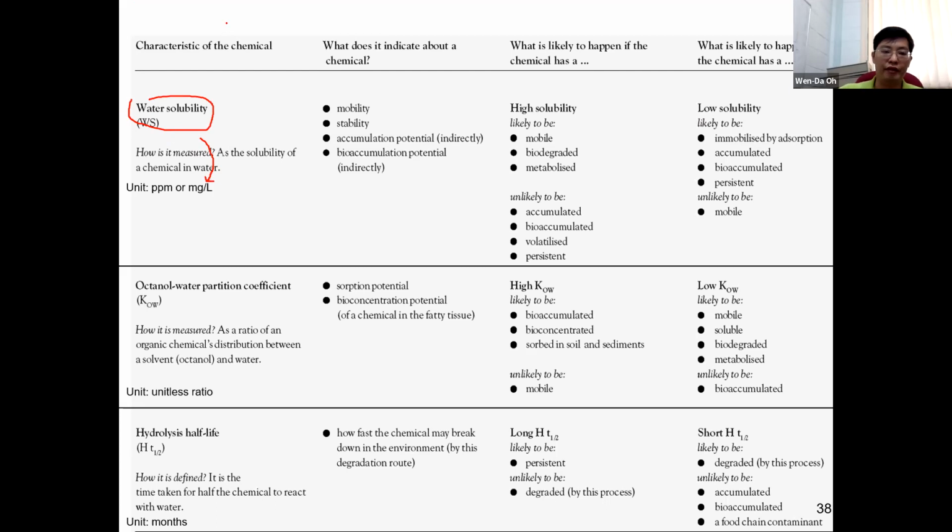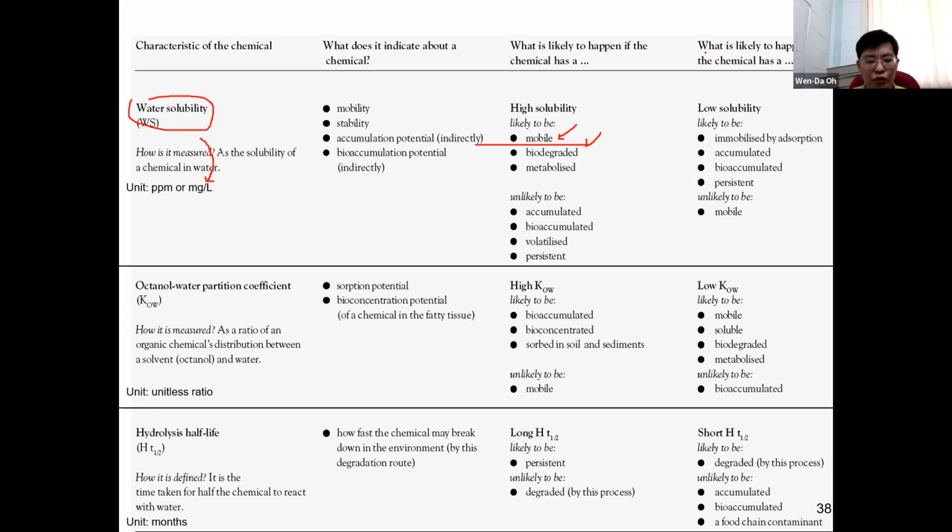And if you have a pollutant with high water solubility, it means that this kind of pollutant is very likely to be mobile, it can be biodegraded, and it can be metabolized. Okay? Because it has high solubility, it can move easily in our body. Okay? It can be excreted out in the urine. Okay? So if you look at the previous lecture, we talked about phase 1, phase 2 transformation, right, in our body.